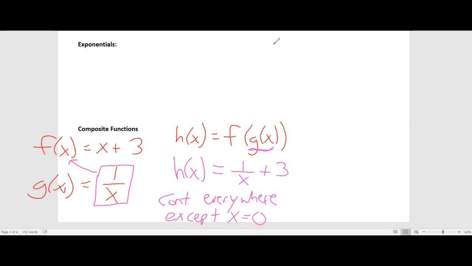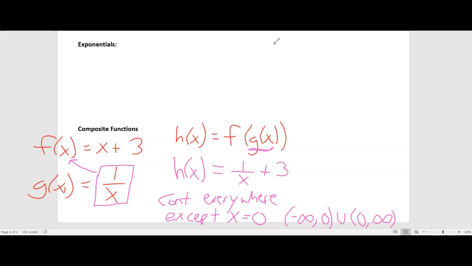Now if you wanted to write this in interval notation, we would write it like that. And we can talk more about this little U-shaped symbol. It just means that we're combining those two intervals in our answer. So we're including the negative infinity to 0 and the 0 to positive infinity.